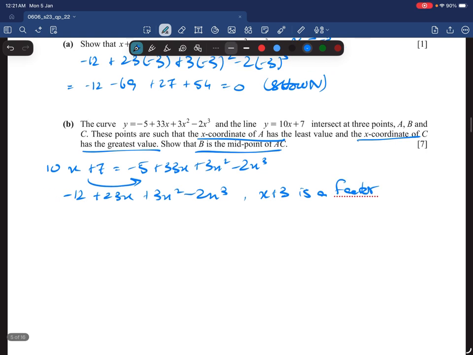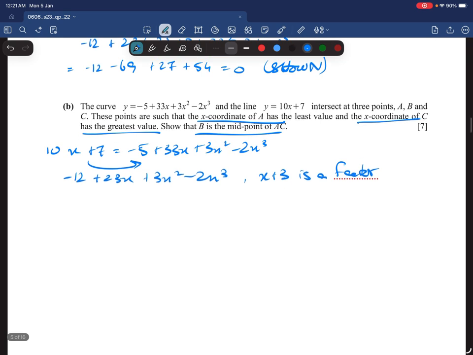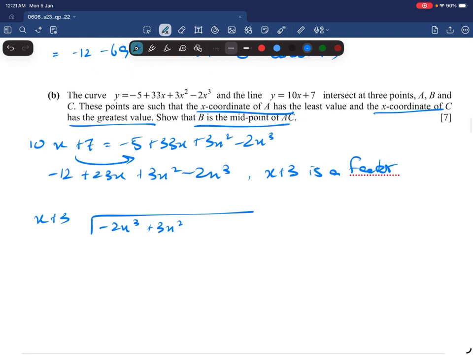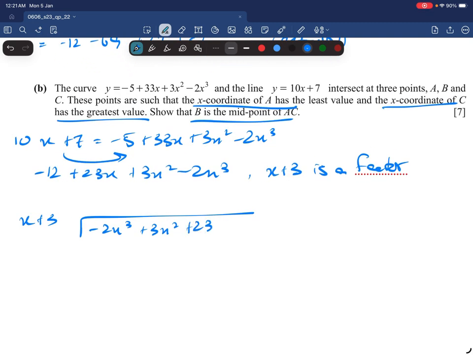So yeah, x plus 3, divide the entire thing, minus 2x cubed plus 3x squared plus 23x minus 12. This should be into minus 2x squared. We get minus 2x cubed, and 3 into minus 2x squared would give us minus 6x squared. So subtracting the 2, we get 9x squared plus 23x minus 12.